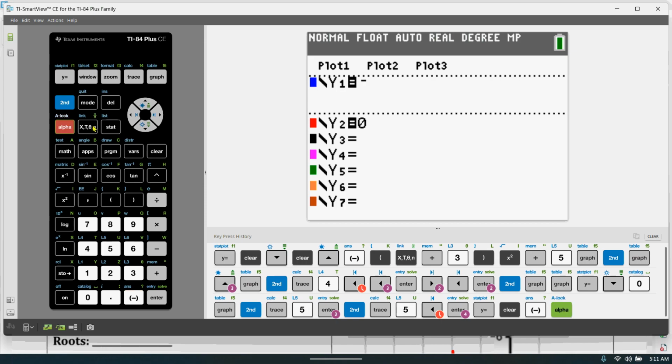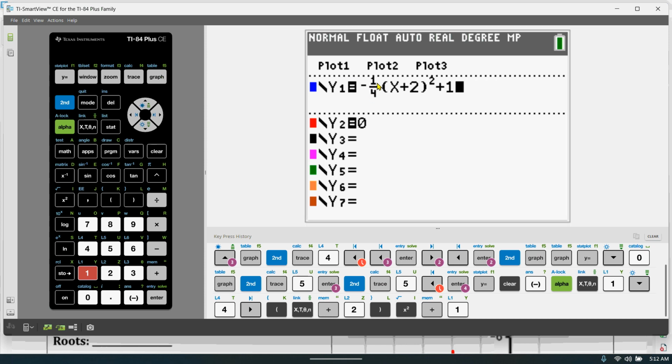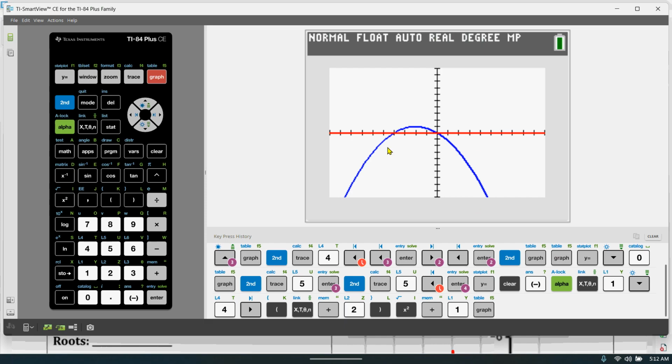So we're going to do alpha x, put a 1 on top, down, put a 4. Then we put our parentheses, x plus 2, close the parentheses and square it, and then plus 1. One of the things I'm hoping you can see or remember is that if my a is a fraction, when I graph it, it's going to make it wider.